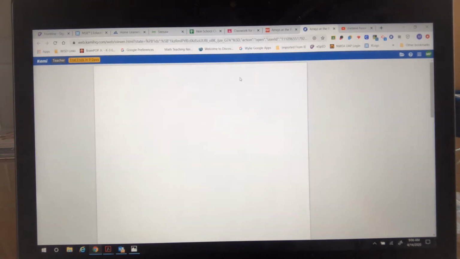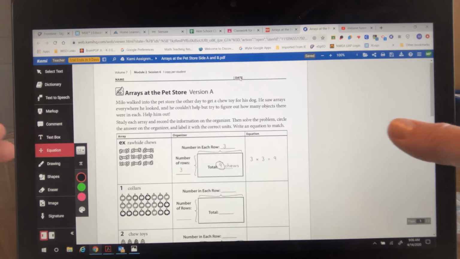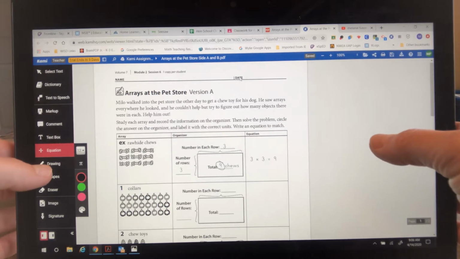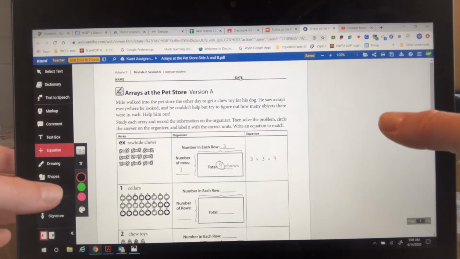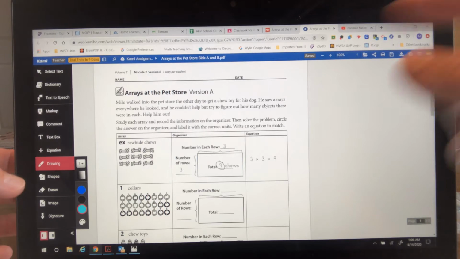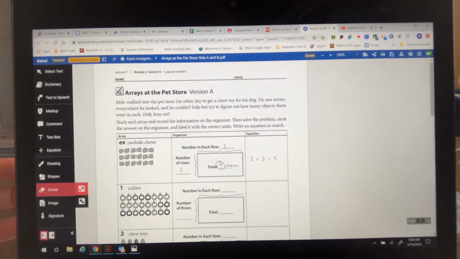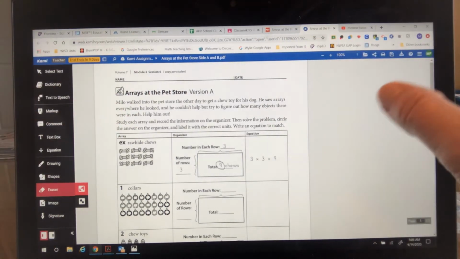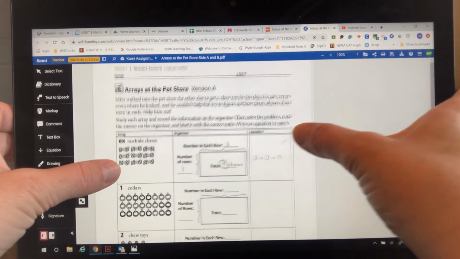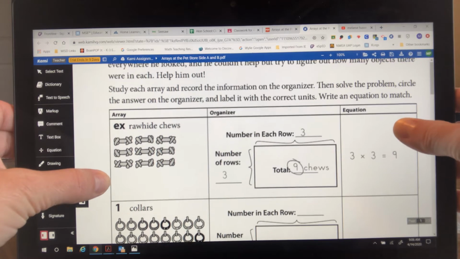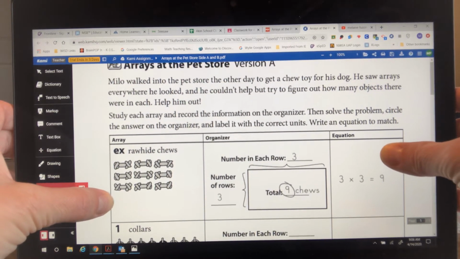All right, so I do have a few new people on this. Kami is a cool little site. It allows us to use the drawing tools to make marks. We can erase. A few people have figured out how to type. I have not messed with that yet, but we can.